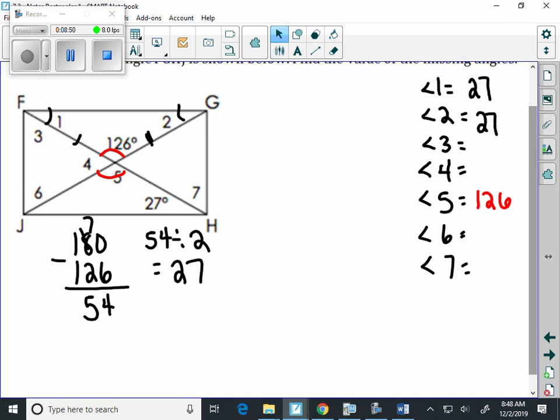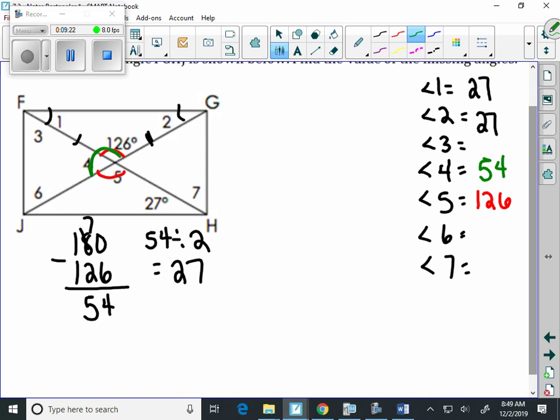To figure out angle 4, we can use the fact that these two angles are supplementary, and in fact we already know what that is from our work down here. The green there forms a protractor. We know 126 degrees. The whole protractor would be 180. If we take 180 minus 126, we get angle 4, which is going to be 54 degrees.